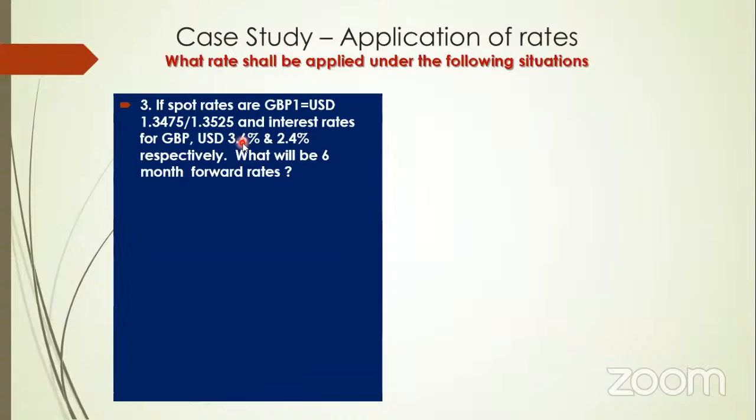Note this down. Why will the pound be at a discount? Because the Great Britain pound has a higher interest rate and the dollar has a lower interest rate. So the pound comes as the reference, base currency. For the base currency with the higher interest rate, you have to go on reducing, descending. Understood or not?